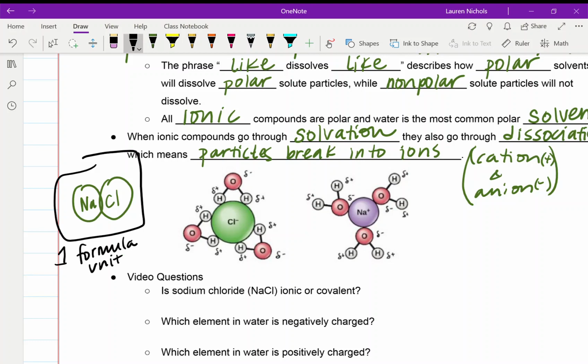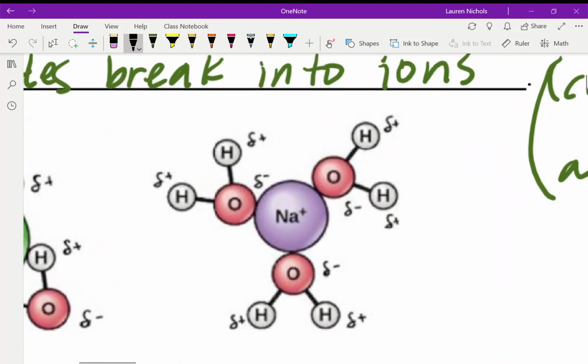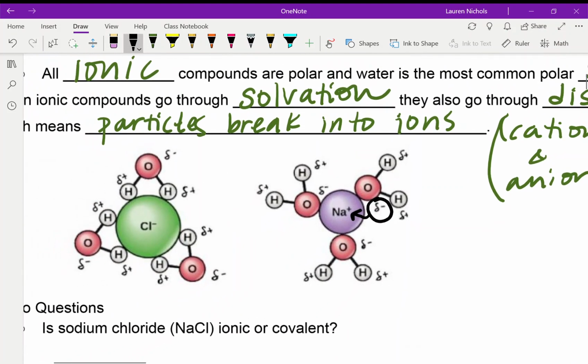And when it dissolves in water, it would break apart. However, because it's ionic and water is polar, the attraction between the negative oxygens to the positive sodiums is so great that these waters can pull apart the sodium and the chlorine. So these sodium and chlorines, the attraction between that positive sodium and negative chlorine gets broken, and the water surrounds it.